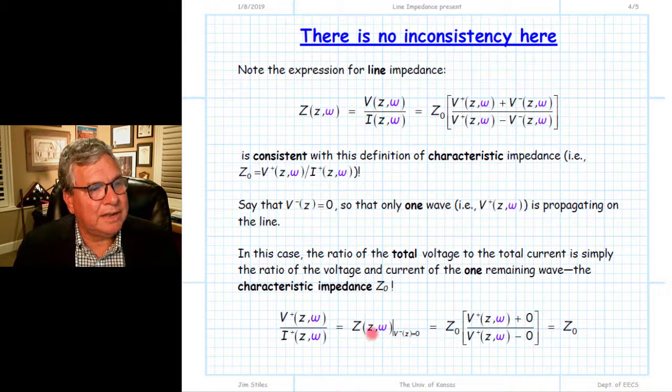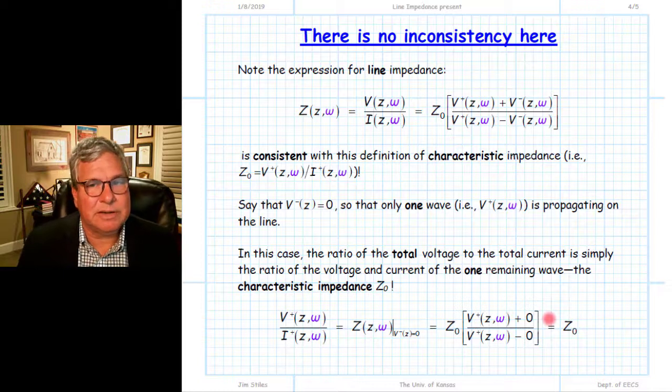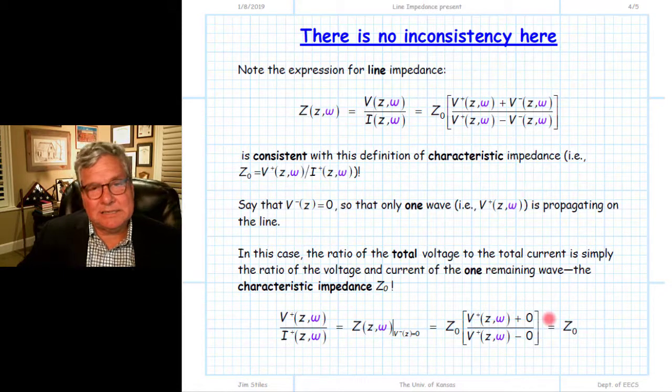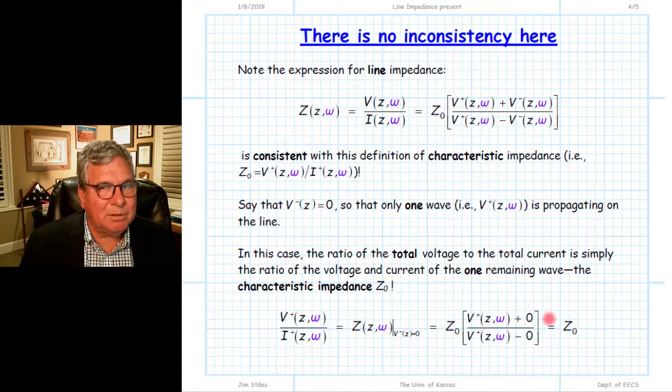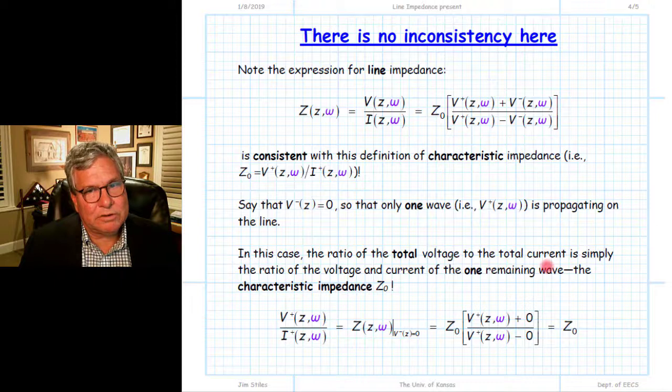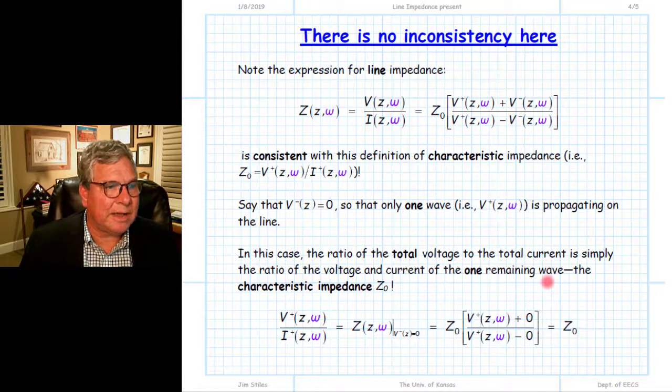So if we take the line impedance function, when the minus wave voltage goes to 0, we can show that in that condition it is equal to V plus over I plus, which is equal to Z0. So again, both of the statements are consistent, with respect to the ratio of V plus to I plus, or the ratio of total voltage V to total current I.